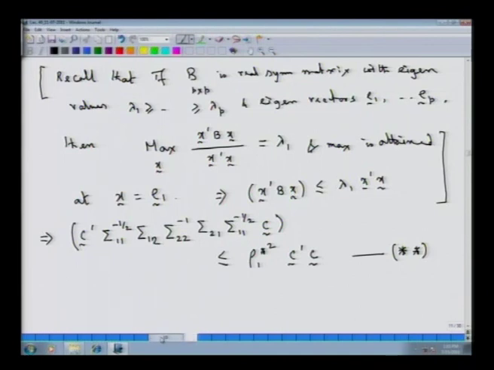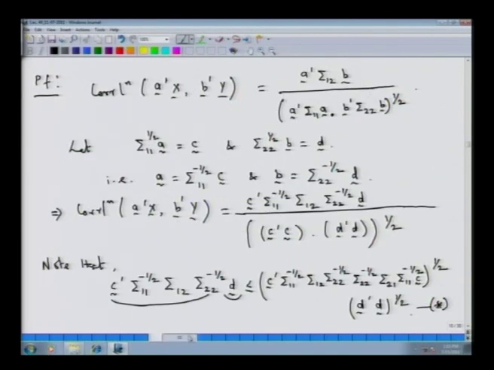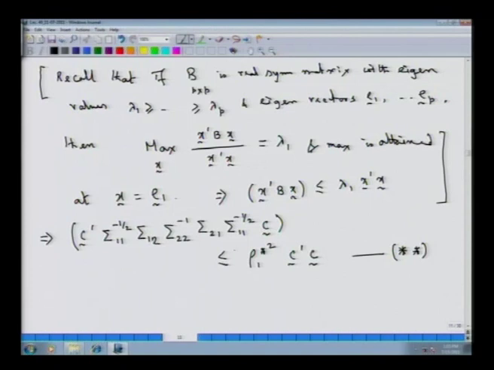Equation number star is defined earlier for this expression.